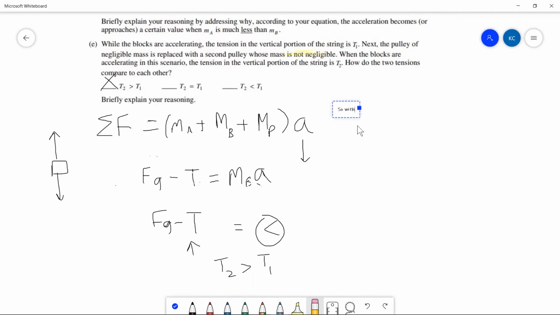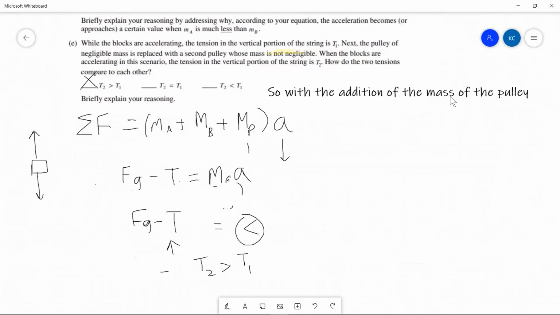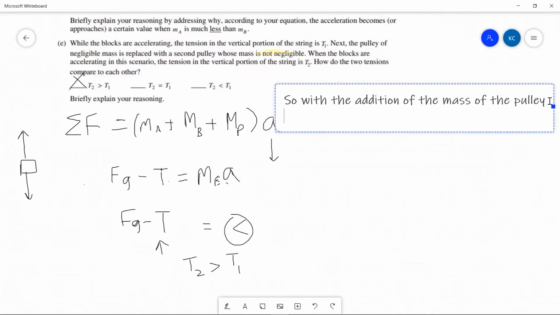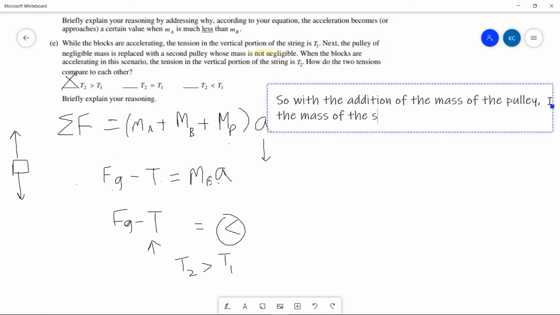With the addition of the mass of the pulley, the mass of the system is greater.